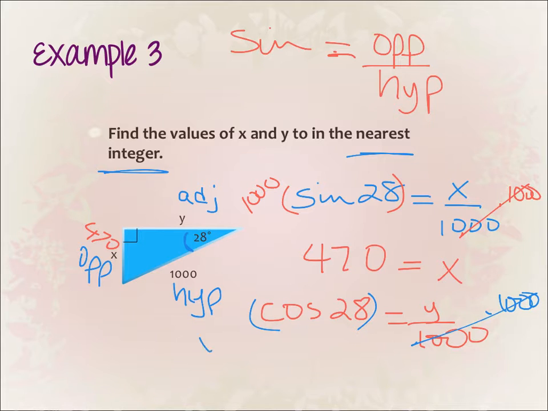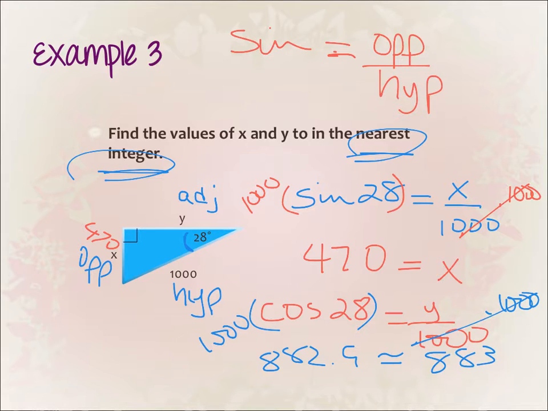So I'm going to do cosine of 28 times 1,000. And what do you guys get? Good, because you're going to get 882.9. And we're going to round it to the nearest integer, so we're going to make it 883. And again, 883 is reasonable, because as long as our hypotenuse is bigger than the other two, it makes sense.